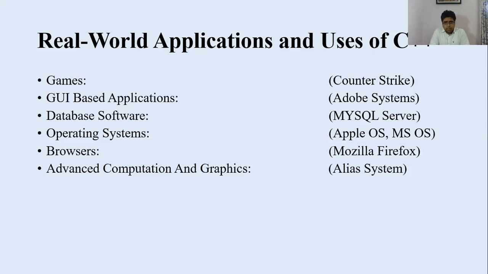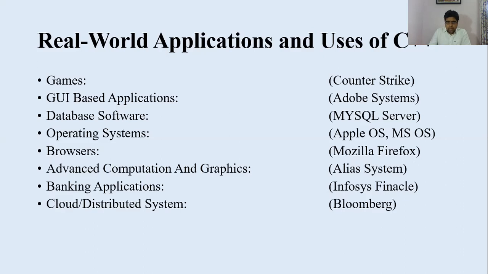I heard this name before, but I'm not aware of it. Banking applications: Infosys Technicalities are very important, and the financial system software provided by Infosys to all major giant companies is also written in C++. It is very important. Bloomberg, one of the stock market update or news websites that you get, is also written in C++.